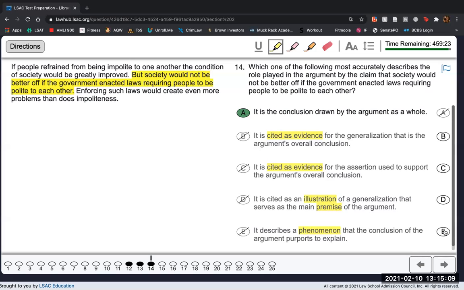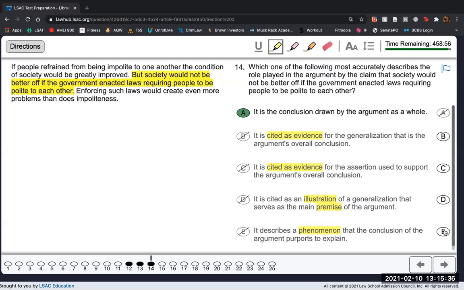And then the sentence in question would be, I think it's very similar to E actually, Sally always says please and thank you. That sentence would be the illustration. Whereas in E, we have the overall phenomenon, which could take multiple sentences to describe, like Sally going down the street saying thank you whenever people offer her lemonade.